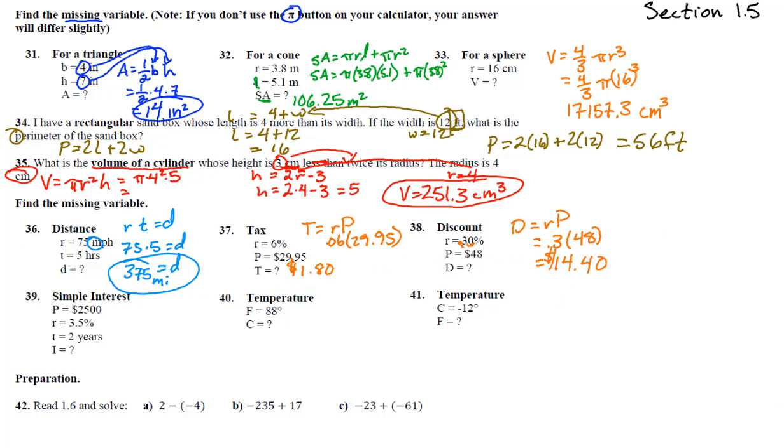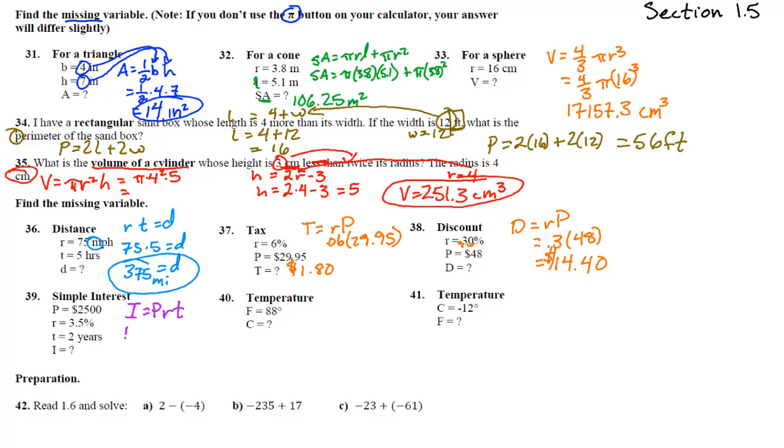All right, number 39, simple interest. Now this formula was interest equals P times R times T. And so really it's just like these up here, but now you're timesing it by how often that happens for so many years.